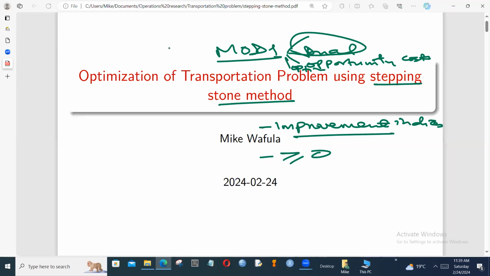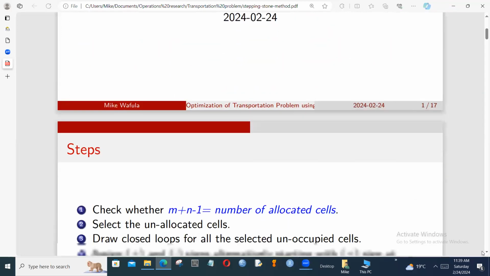And when we get such a table, we shall be able to conclude that the table with the new assignments that has resulted in such indices that are all positive is said to be optimal. So it is going to be pretty easy compared to the other one.